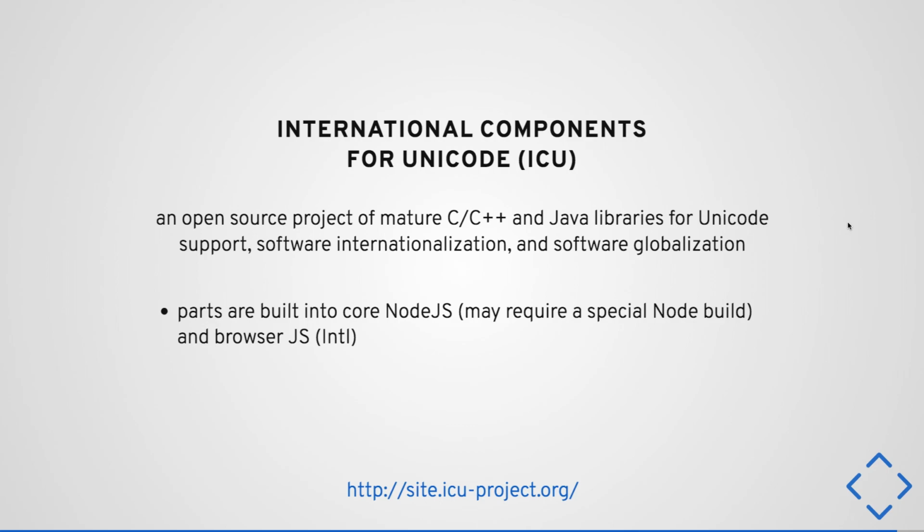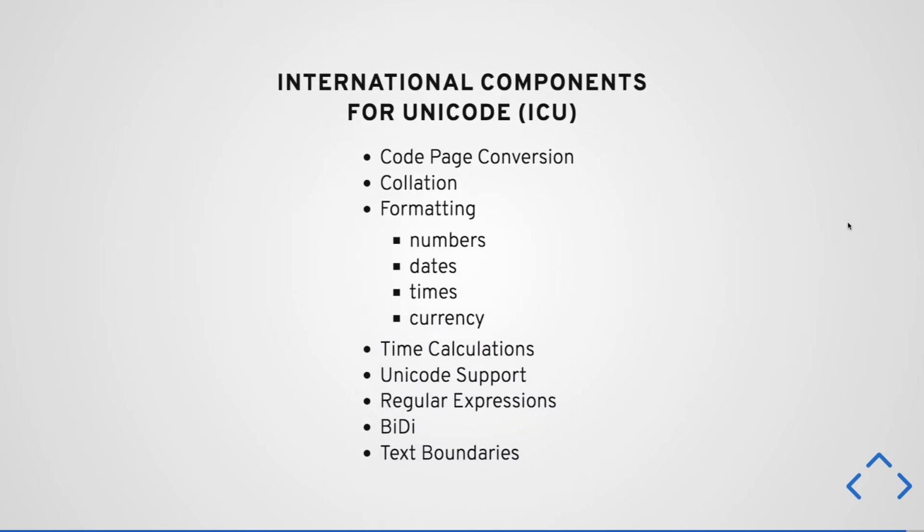On the Node side, it's baked in there too, but depending on what you're doing, you might need a special build. It covers converting encodings, collation and sorting, formatting, time calculations, regular expressions, bidirectional text, text boundaries, all this kind of stuff. The source of authority for the low-level work is this ICU. So no matter what you program in, this is relevant to you.